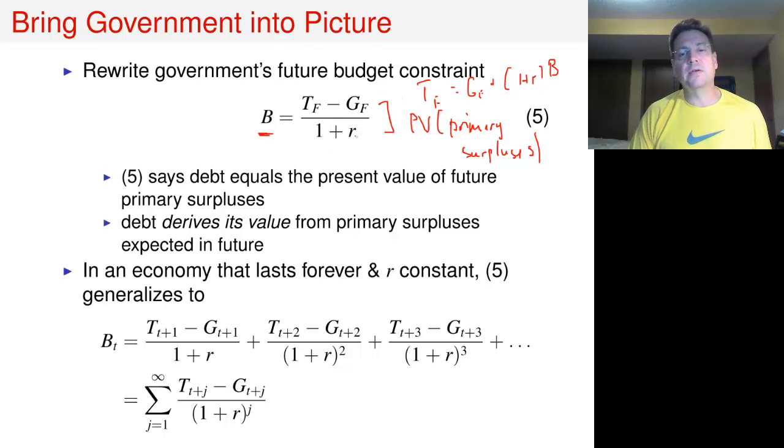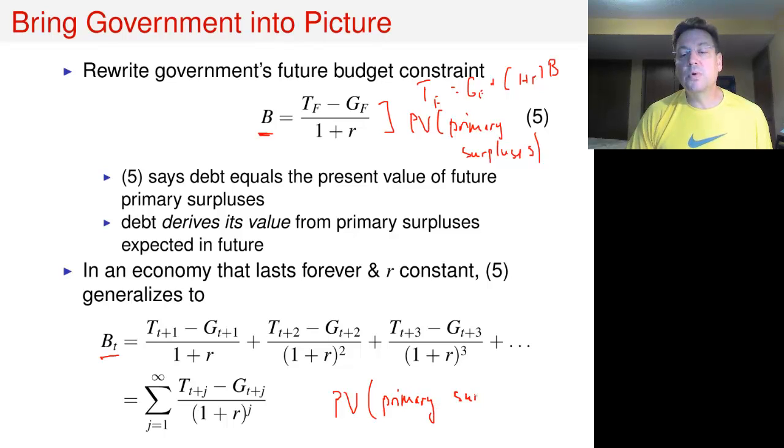And we could generalize this. So in an economy that lasts forever, the value of debt today is just equal to this infinite sum. But what is this infinite sum? It's just the present value of primary surpluses.